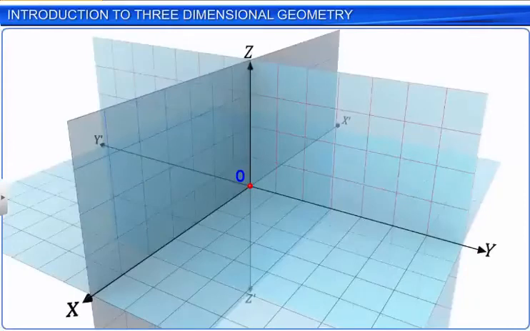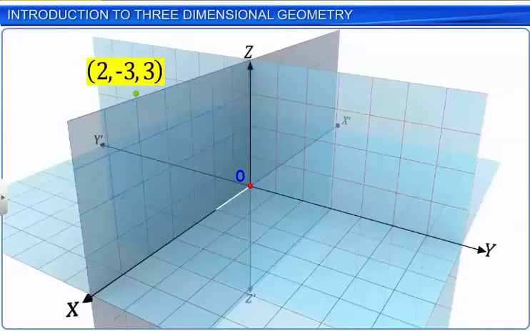For example, the point 2, -3, 3 lies in the 4th octant. The x-coordinate of the point is 2. So we measure 2 units along the x-axis and mark a point. The y-coordinate is -3.